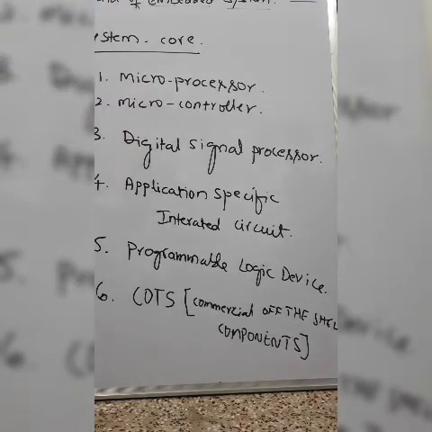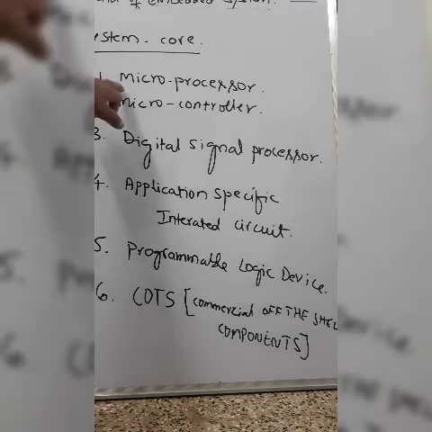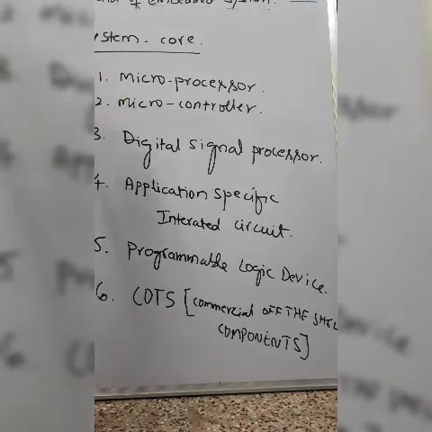Microprocessor provides only the central processing unit. That means it will provide ALU plus control unit, timing unit plus the internal registers. So microprocessor provides only limited internal units. Rest of the units you have to add and develop a microprocessor based embedded system.